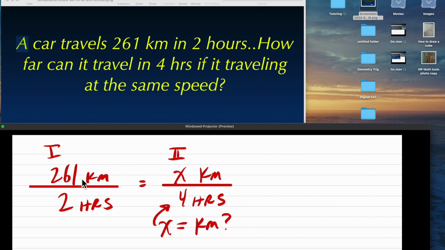You're going to do 261 times 4 divided by 2. And when you do that, you're going to get x equals 522 kilometers. And a quick check, does it make sense that in twice the time, it goes twice the distance? And the answer is yes.